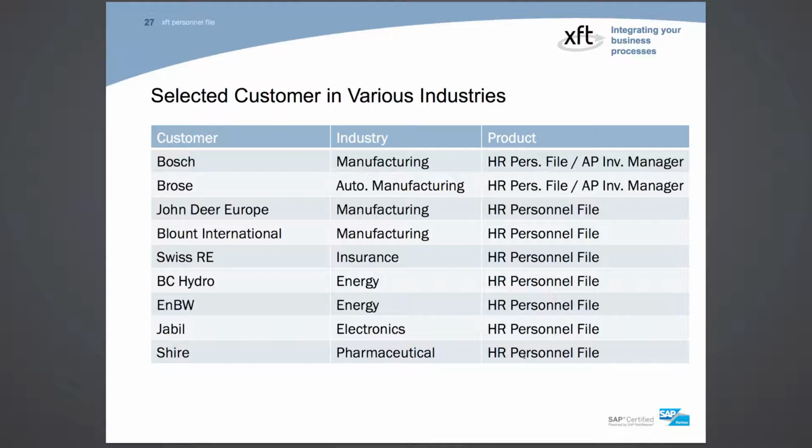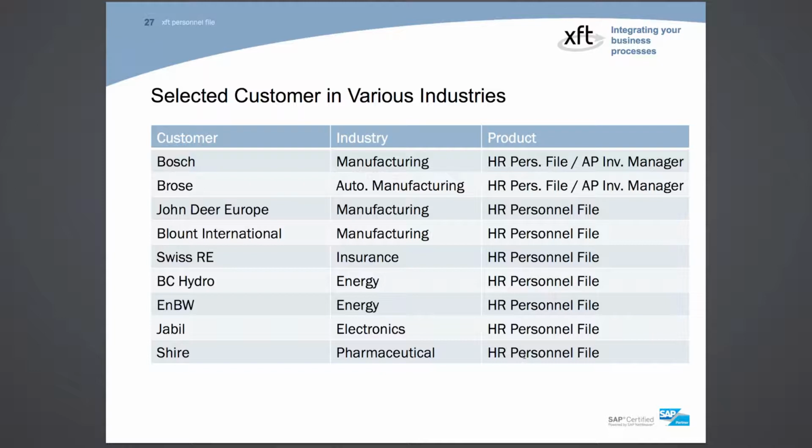Swiss Re, an international reinsurance company. BC Hydro, one of our prominent Canadian customers in the energy field. Also ENBW, an energy customer in Europe. Jabil, an electronics company, and Shire Pharmaceuticals, a pharmaceutical company on the East Coast.